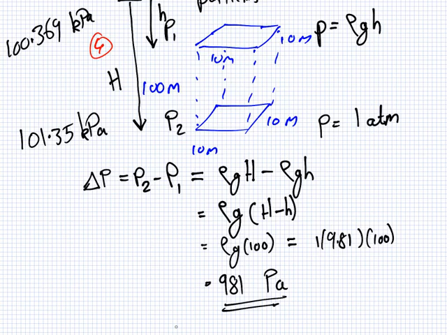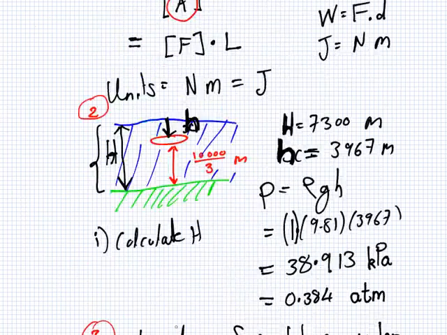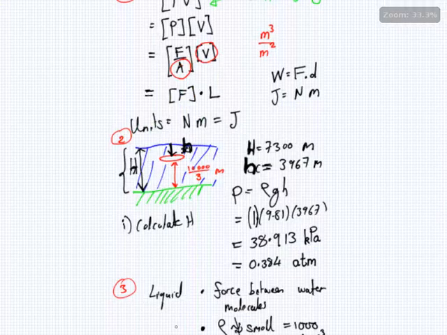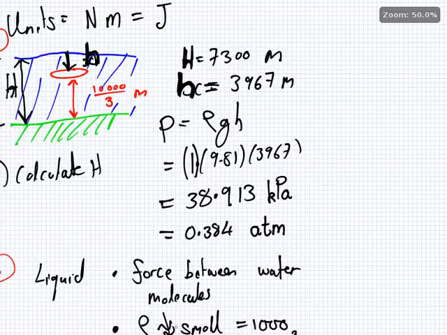Can you show one more time about big H? Which part? This one? Okay, just before I do that, I just want to show you number 2 again. So just have a quick look at number 2.